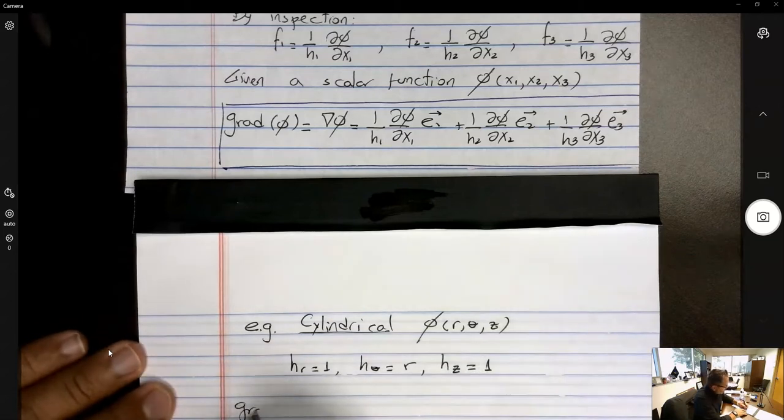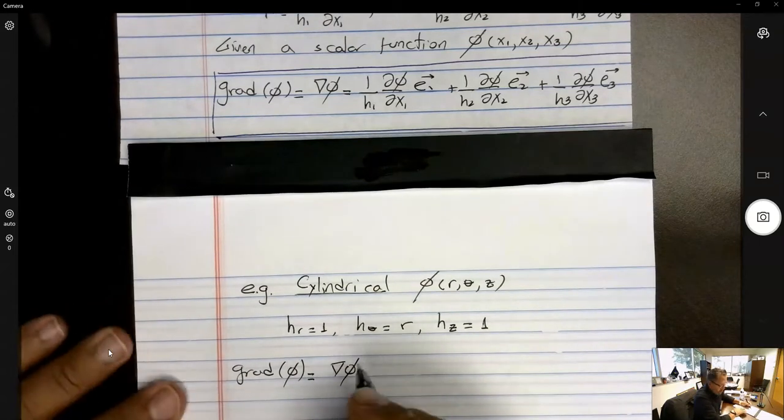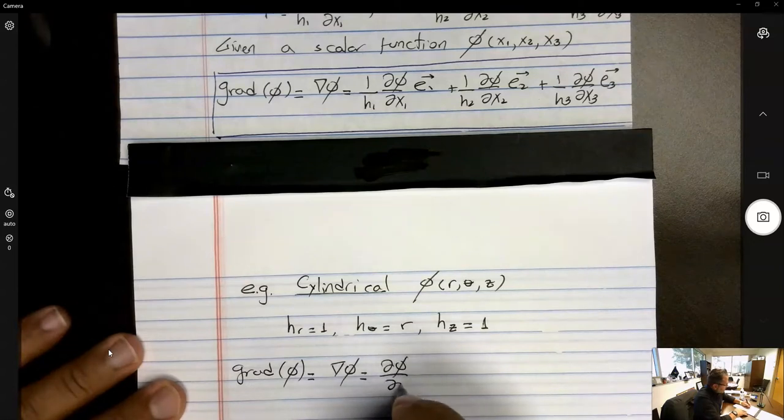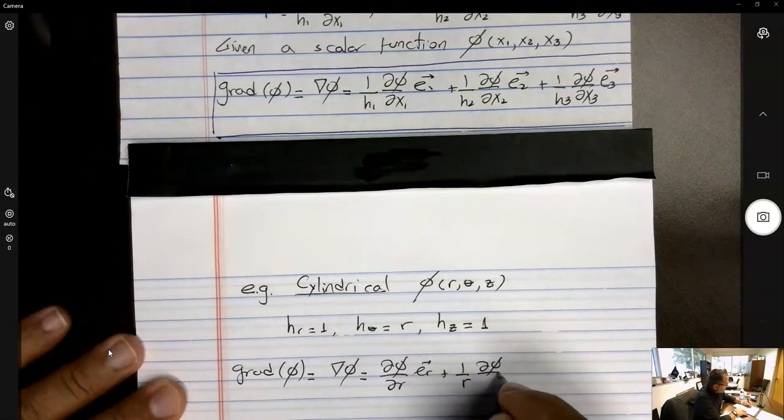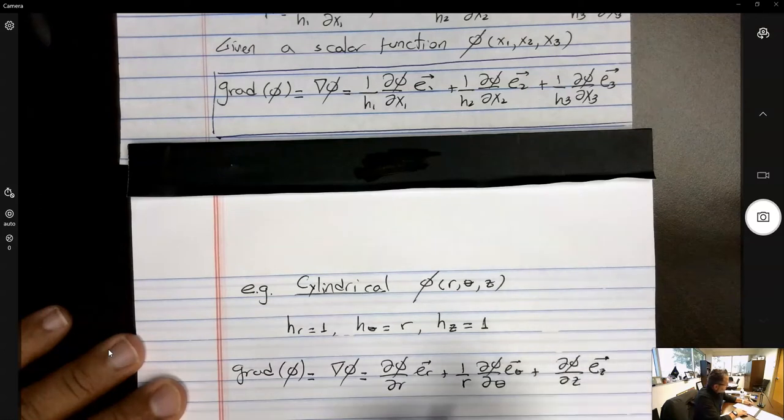So the grad of phi, which is noted as del phi, is d phi dr in the r direction plus 1 over r d phi d theta in the theta direction plus 1 over 1 d phi dz in the z direction. That's it.